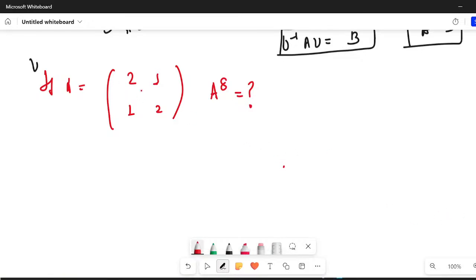If A is 2, 1, 1, 2, then we have to find A raised to power 8. See how to go about it.